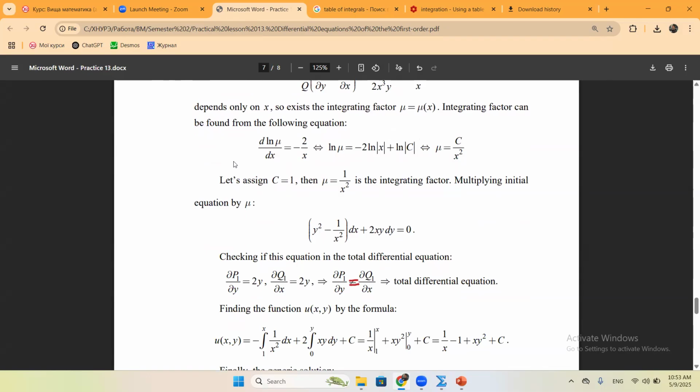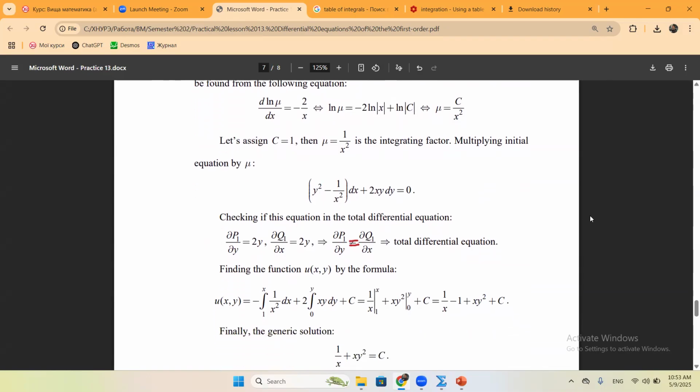However, pay attention to this expression. We cannot choose the point 0, 0 as point x0, y0, because 0 is not included in the domain. So we can use 1 for x; x0 will be equal to 1. So we integrate this expression from 1 to x.